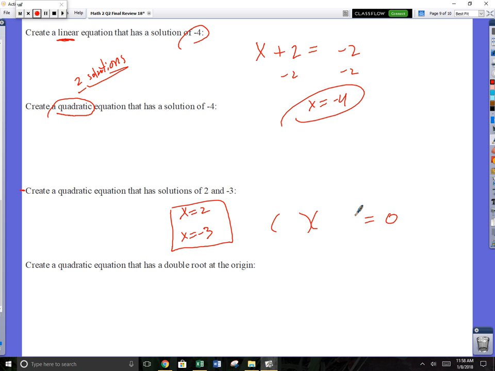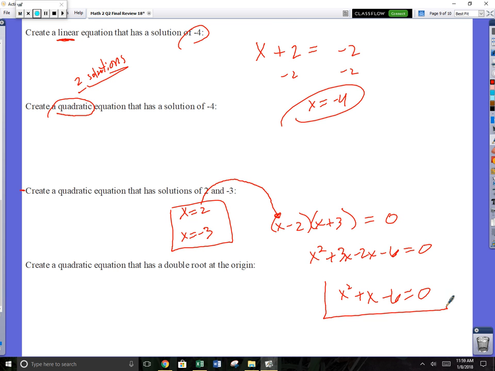If we work backwards, it's going to look like this. (x )(x ). Okay, if my solution is a 2, if I plug a 2 in here, that means this has got to be subtracted 2, because 2 minus 2 is 0. If this solution is a -3, that means this has to be a +3. So that means this equation right here, x squared plus 3x minus 2x minus 6 equals 0, that is x squared plus x minus 6 equals 0.